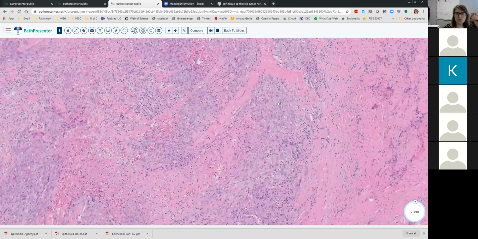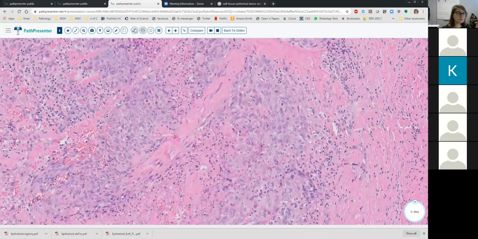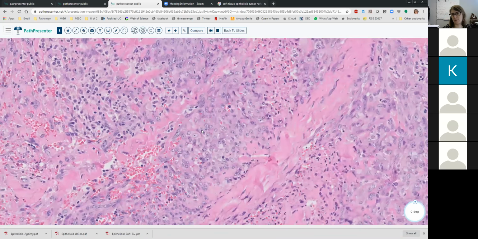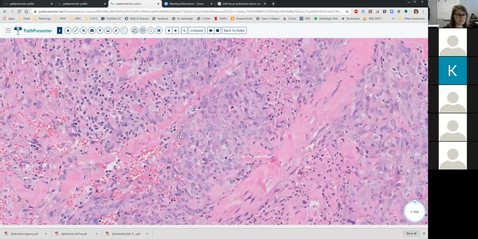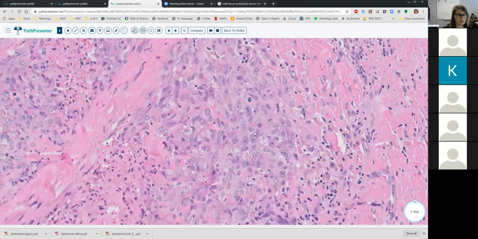So telling you that this is on the wrist or the distal extremities should shift your thinking a little bit. Certainly this is epithelioid and there's extravasated red cells, so of course you're going to want to think about angiosarcoma. That's absolutely correct in the differential. You're certainly going to want to think about a melanoma or a carcinoma.